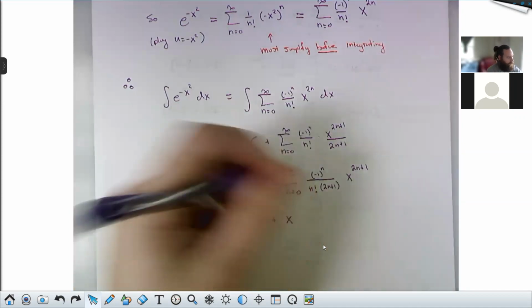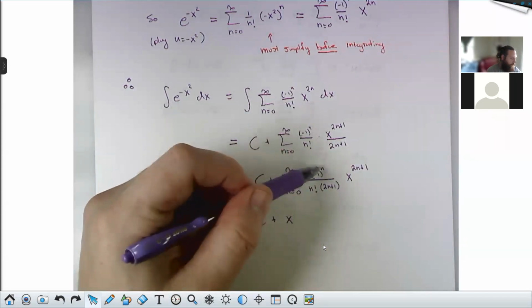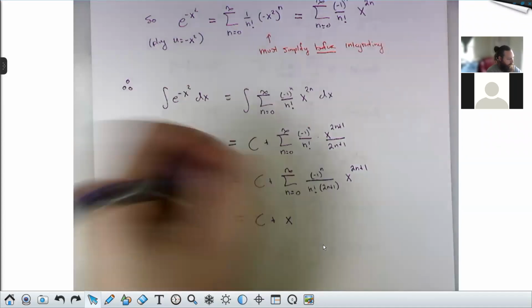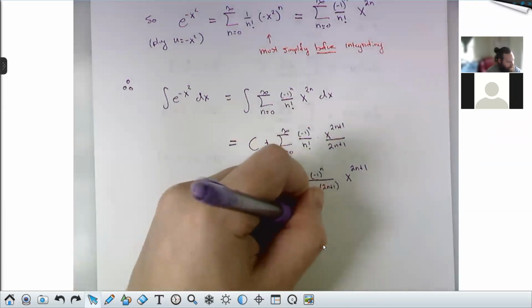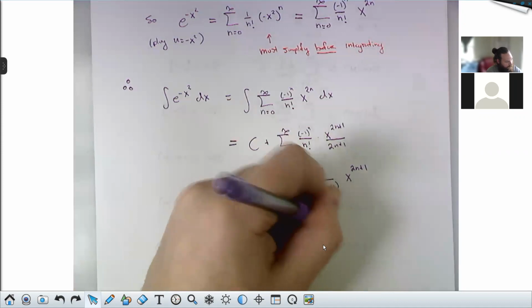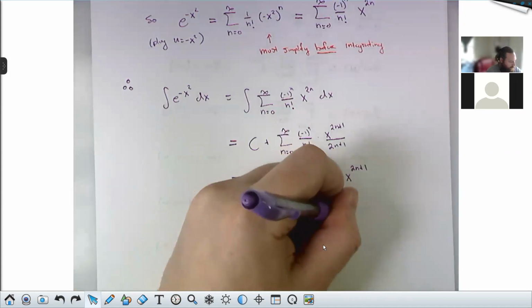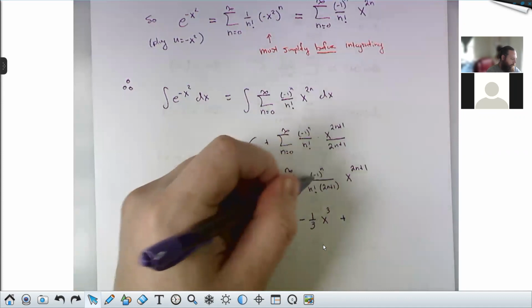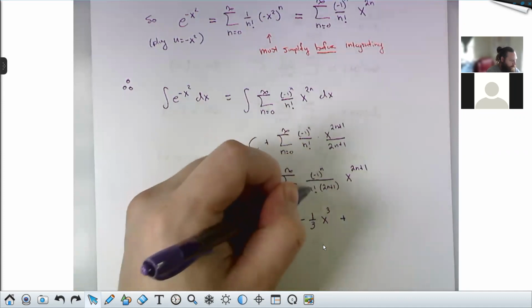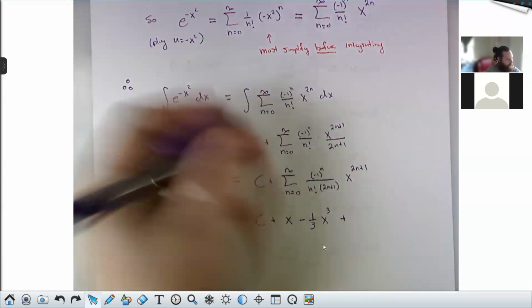When n is equal to 1, you get negative 1 to the 1 divided by 1 factorial times 3. That's minus 1/3 x to the 3. When n is equal to 2, you get negative 1 squared, which is positive 1, divided by 2 factorial times 5.